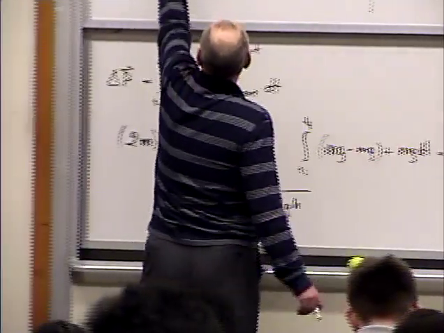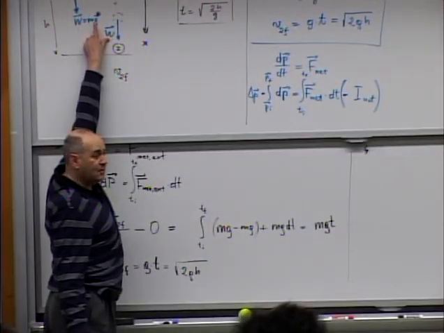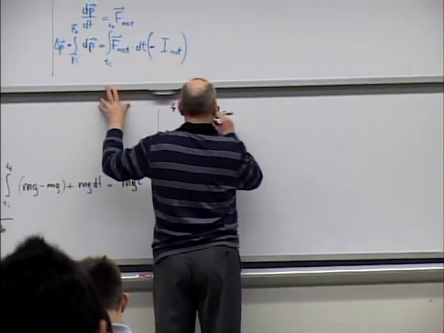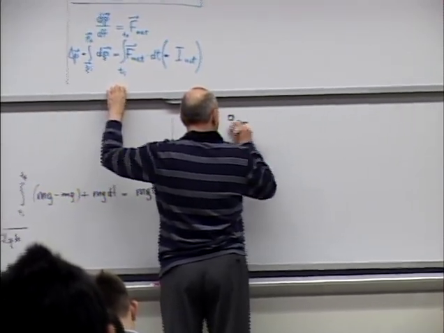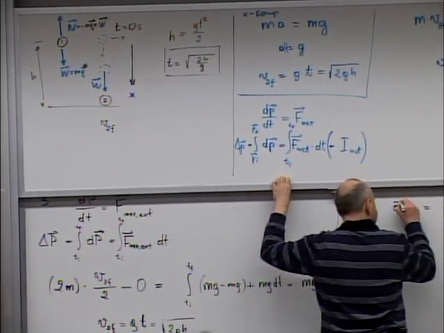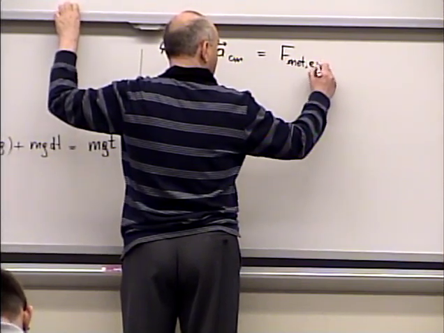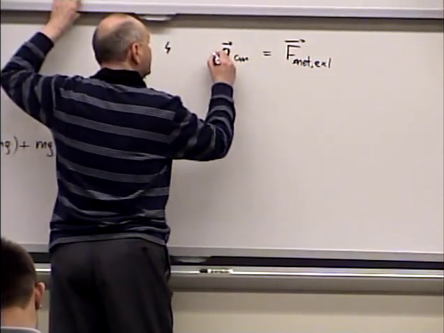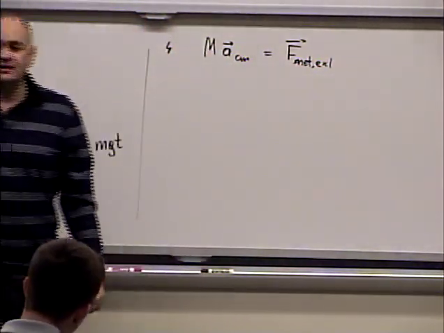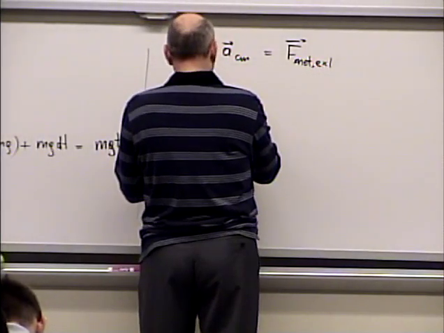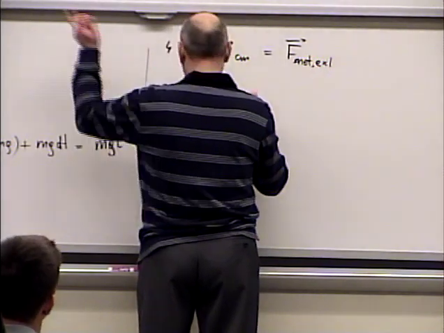So it says that the acceleration of the center of mass of the system, which means the acceleration of this point, is proportional to the net external force. And the proportionality coefficient is the total mass of the system.